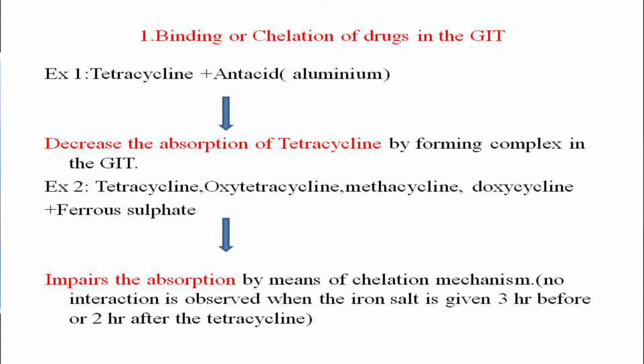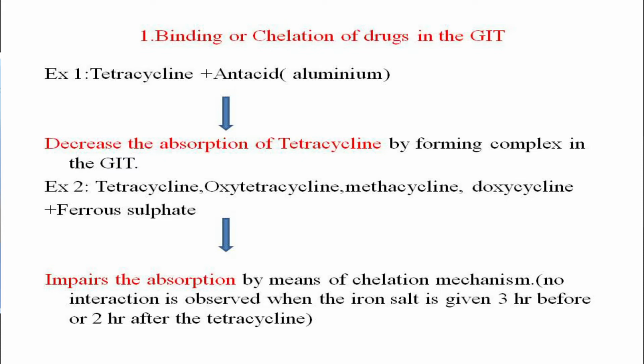Second example, tetracycline, oxytetracycline, metacycline, doxycycline, when given with ferrous sulfate. This ferrous sulfate may impair the absorption by means of a chelation mechanism. On the other hand, no interaction is observed when the iron salt is given 3 hours before or 2 hours after the tetracycline.